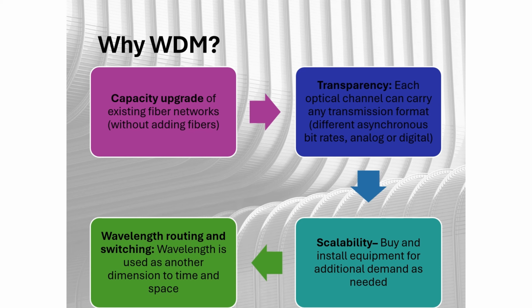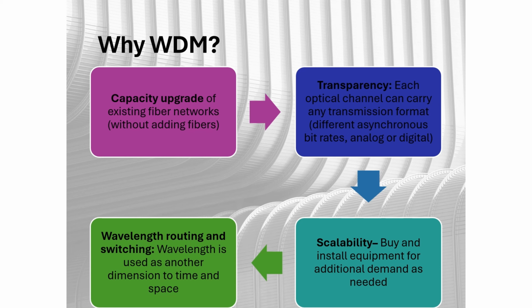Then second and very important is transparency. That means for every different channel, different transmission formats are supported. That's why different bit rates are available, and analog or digital signals can be transmitted. Then scalability: if in future we want to upgrade the network, scalability means how easily you can expand your network.